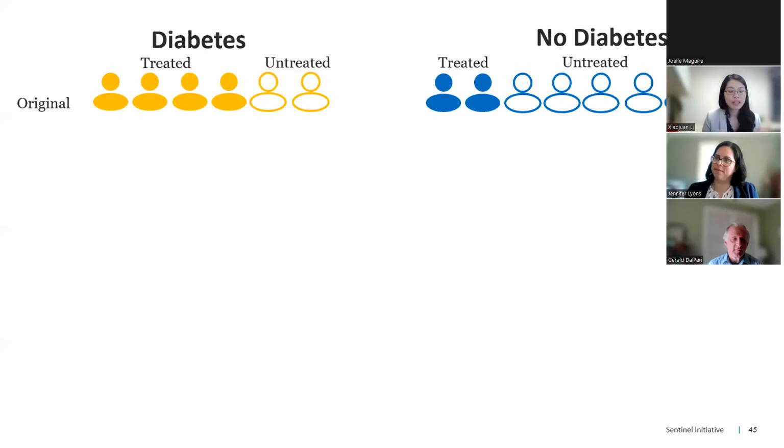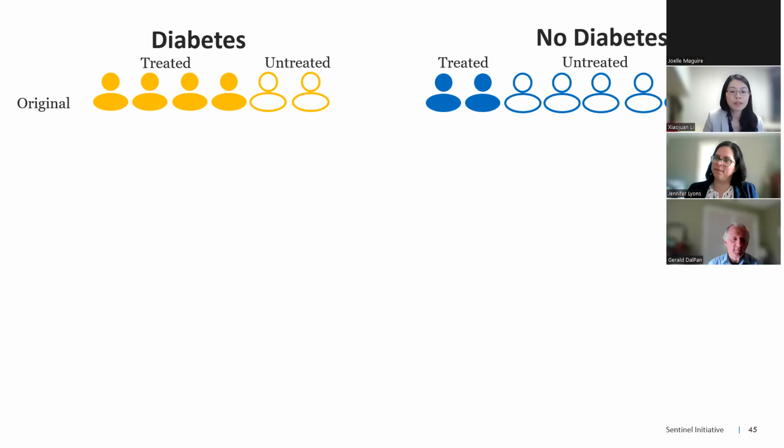So in this study, we have a total of 14 individuals. 6 of them have type 2 diabetes, shown in the orange color on the left, and 6 people without diabetes, shown in the blue color on the right.